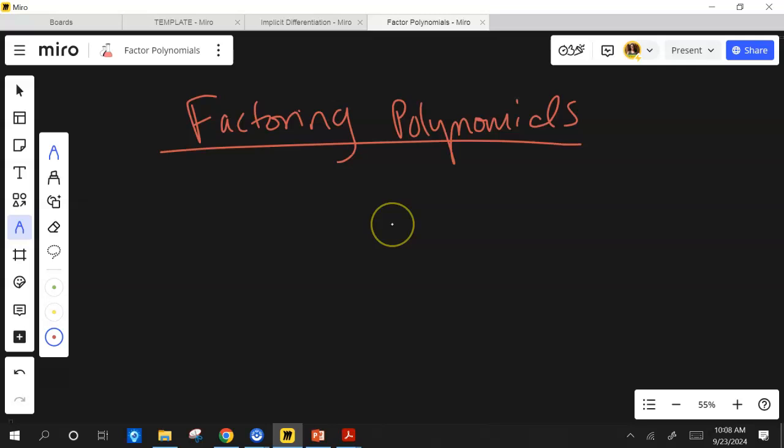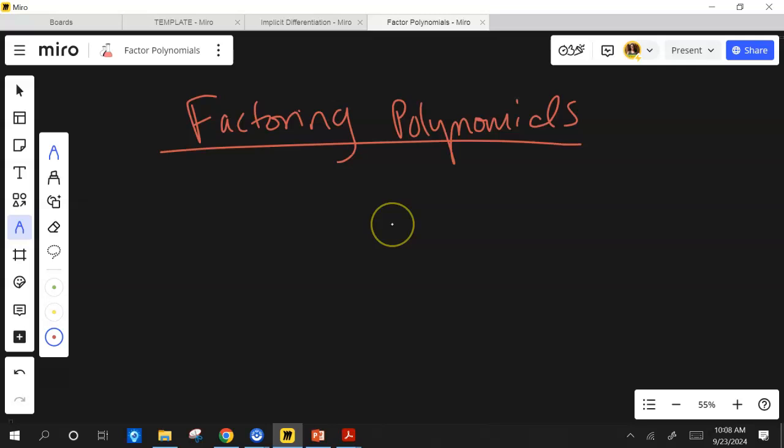Now, here's part of the new part. We're going to do what's called factoring completely. Factoring completely means you look at every parenthesis and factor again if you can.